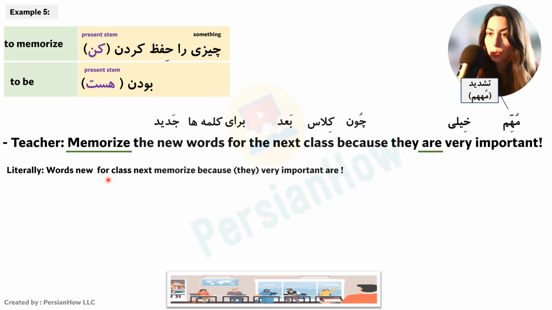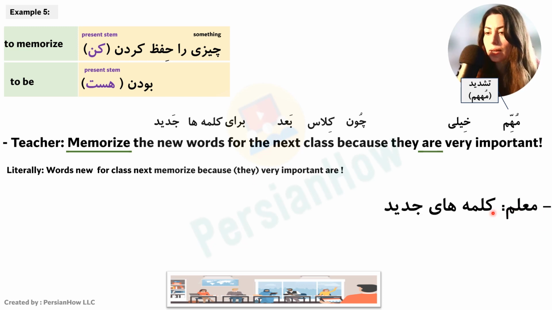And then we have two independent clauses here. This is the first one, words new for class next memorize. So the verb comes at the end of the first independent clause. And then, because very important are, the verb comes at the end of the next independent clause. And they, in English you see they, in Farsi it can be implied. We don't need to repeat it again.